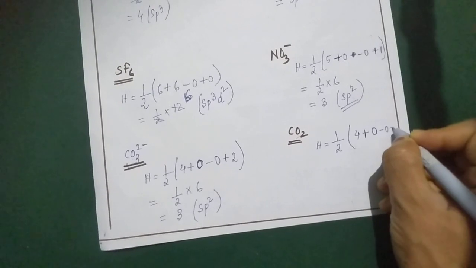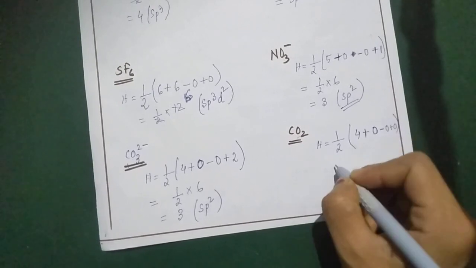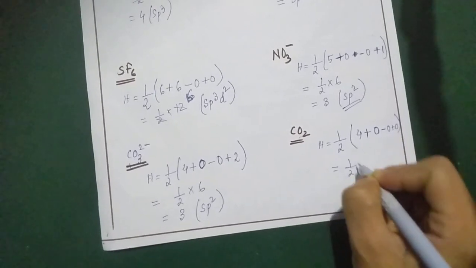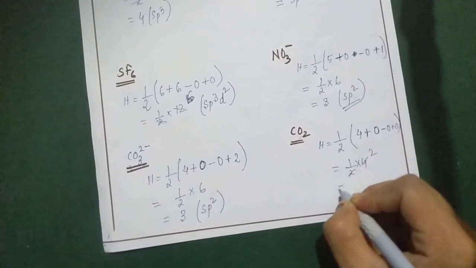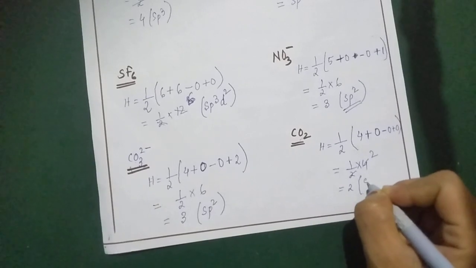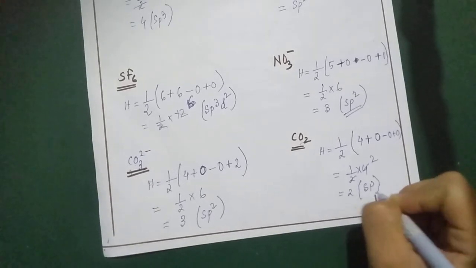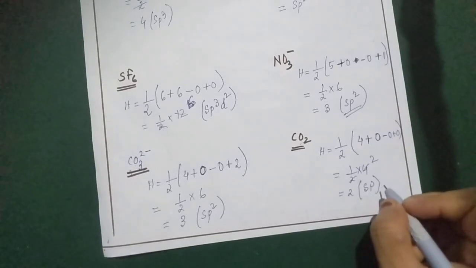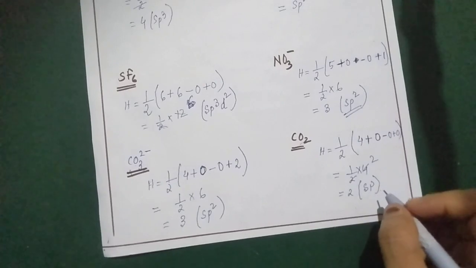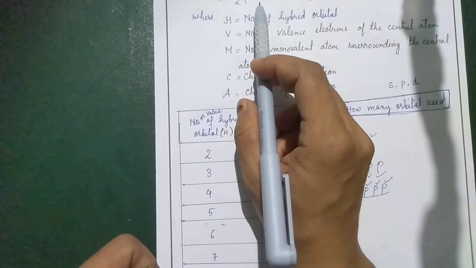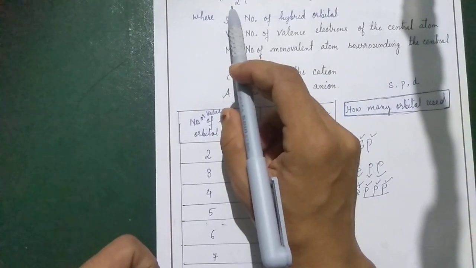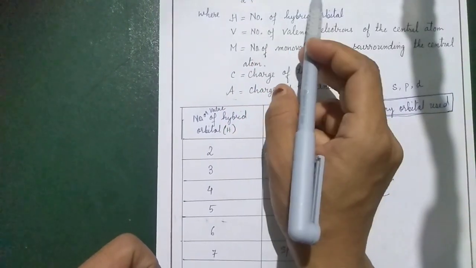No. Is there any anion charge? No. So your answer is half into 4 is 2. So 2 means how many orbitals? 2 orbitals, s and p. So hybridization is sp. So in this way, by using this formula, we can find out the hybridization of the central atom. Okay.